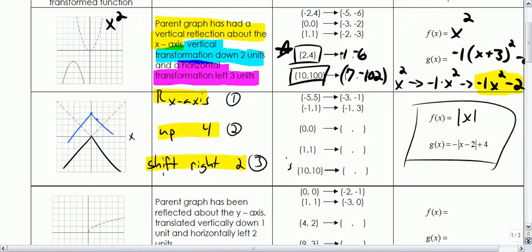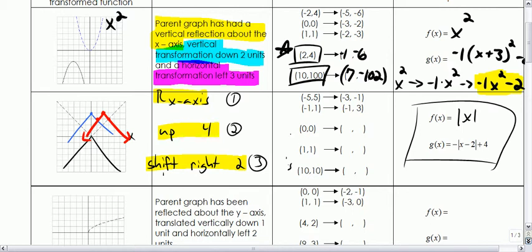And then go right 2. Then it's looking something like this. So that one in red is what we're going for. That's the final one.